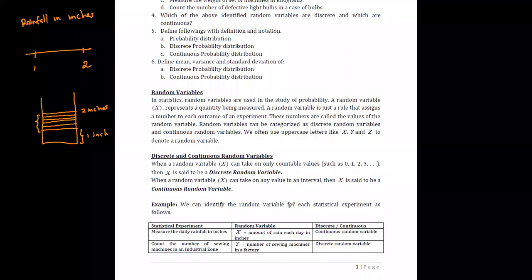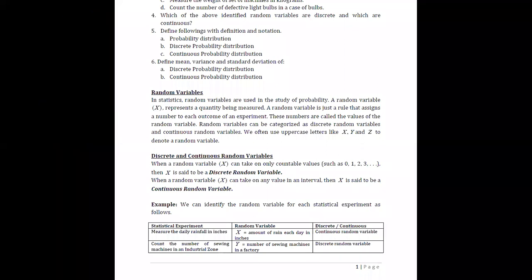And next, suppose the next statistical experiment is counting the number of sewing machines in an industrial zone. Here we are going to count the number of sewing machines in the industrial zone.